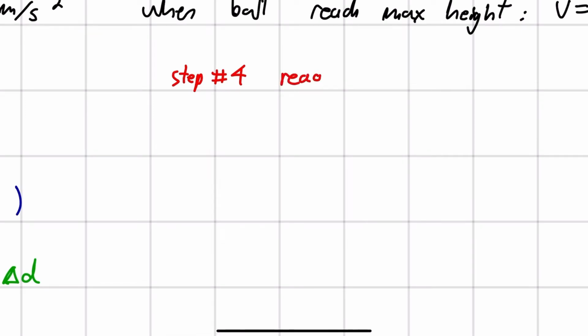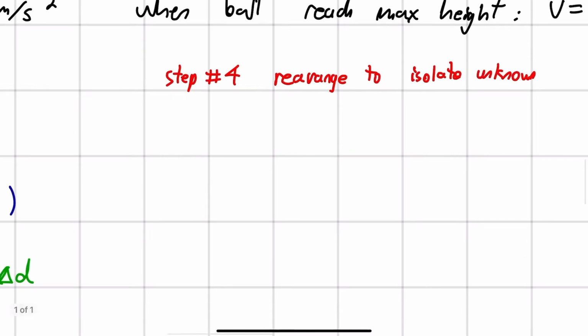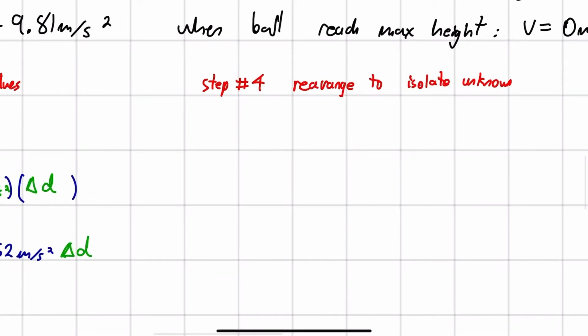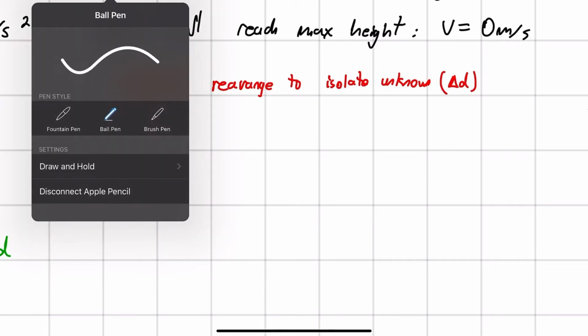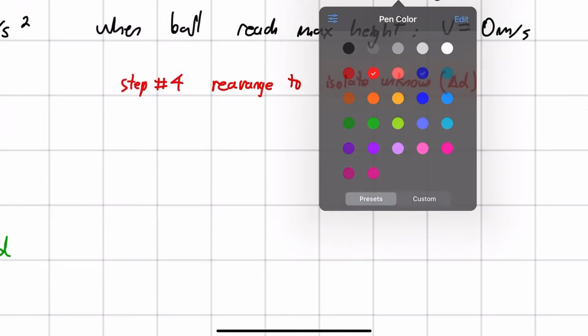So rearrange to isolate the unknown. And the unknown here is our delta D. All right.